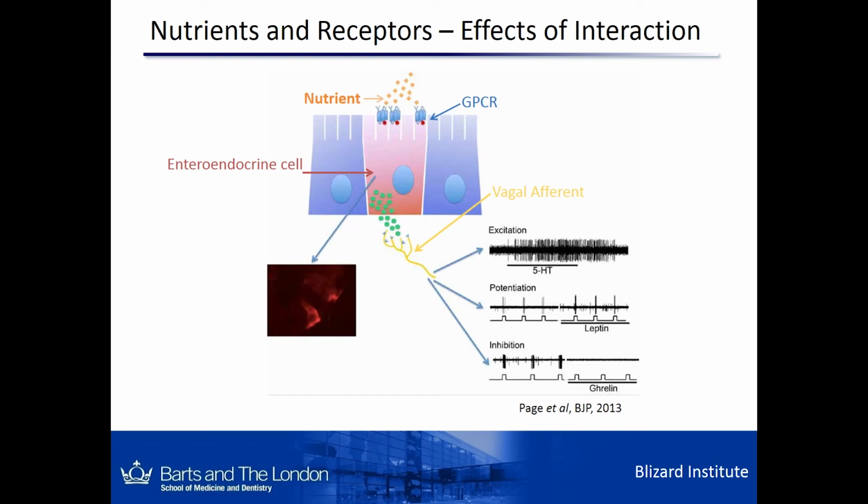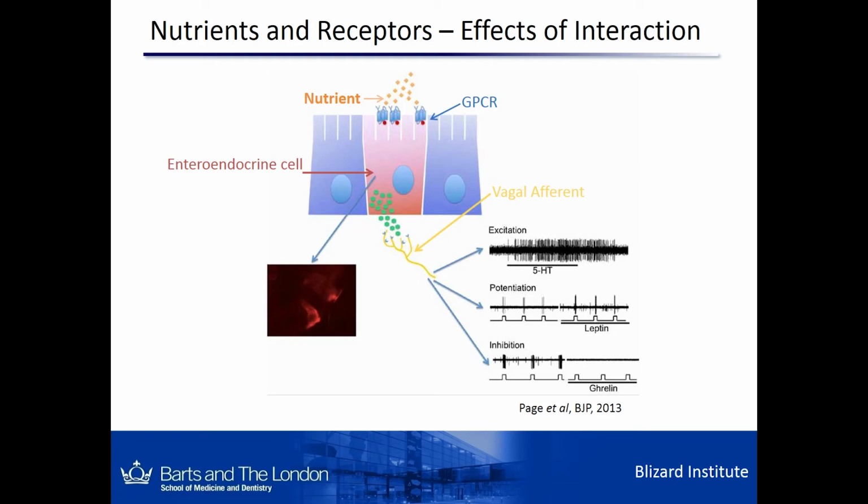So this is just a schematic to show how nutrients and their binding to their receptors have interactions with other cell types. So once nutrients bind to their specific G protein coupled receptors, the enteroendocrine cell becomes activated, and what is shown in the fluorescent image is an activated cell. So we used activation markers like phosphorylated ERK to show this activation.